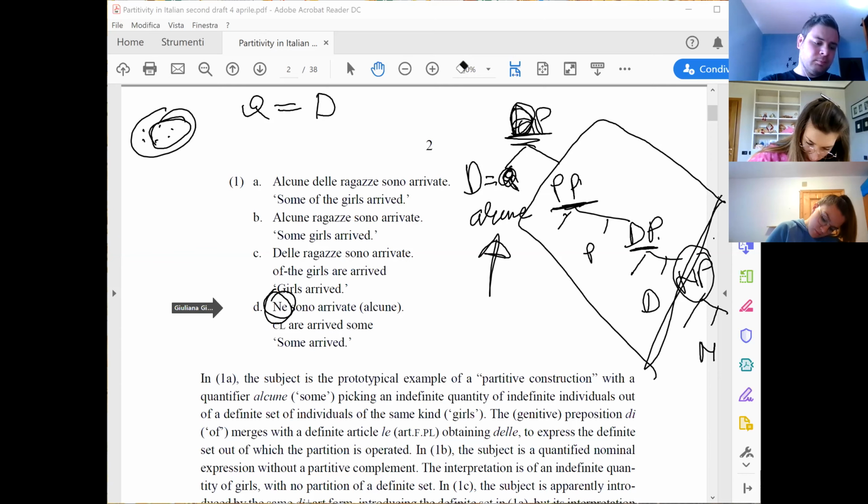So for example, all Southern Italian dialects have a widespread use of ne.